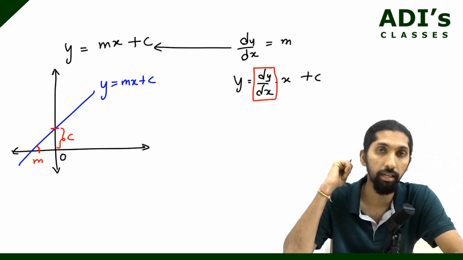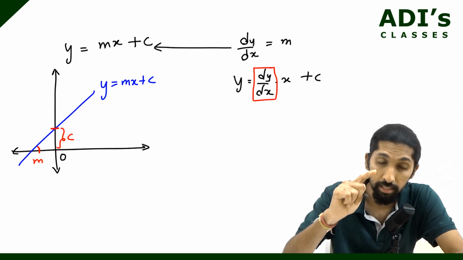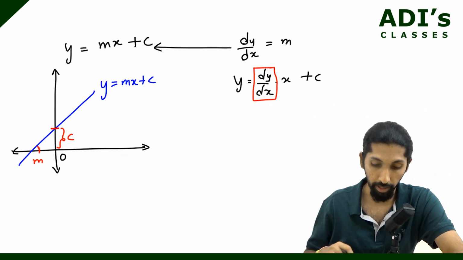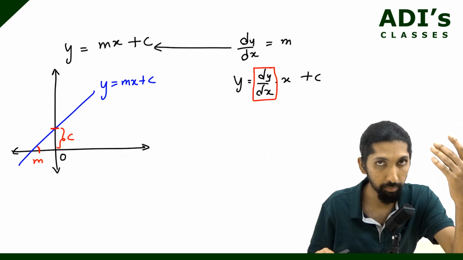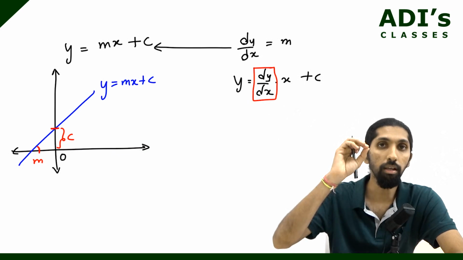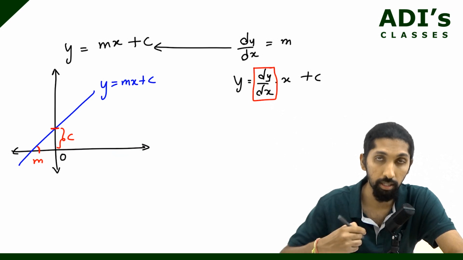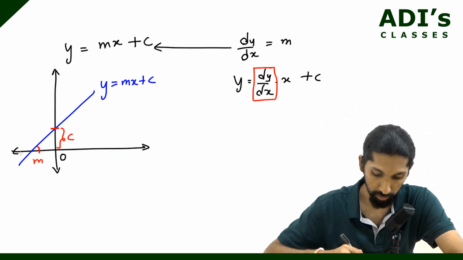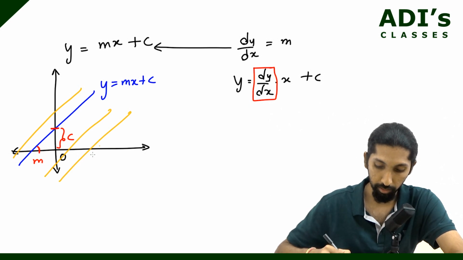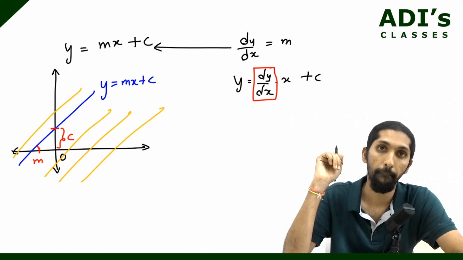Now when you integrate this, what you get is not just one line, instead you get a family of lines. In the sense, the value of m is going to be the same, but the c value keeps on changing. Since the c value keeps on changing, it's not just this one particular line in the graph. You can have another line which is parallel to it, parallel to it, parallel to it. So it's not one line, it is a family of lines, isn't it?